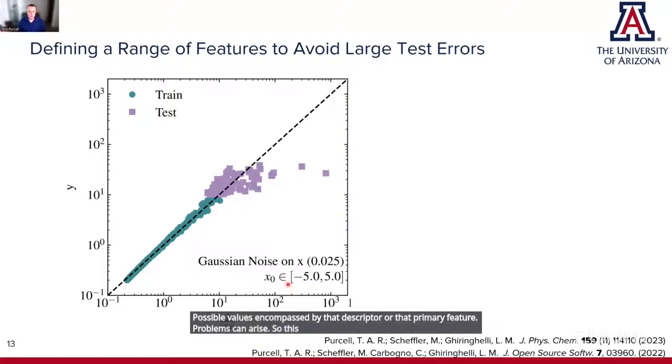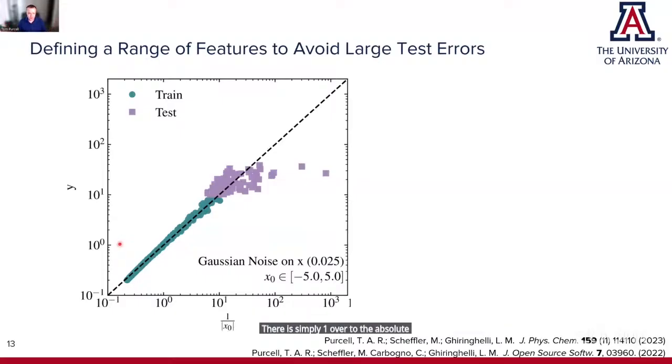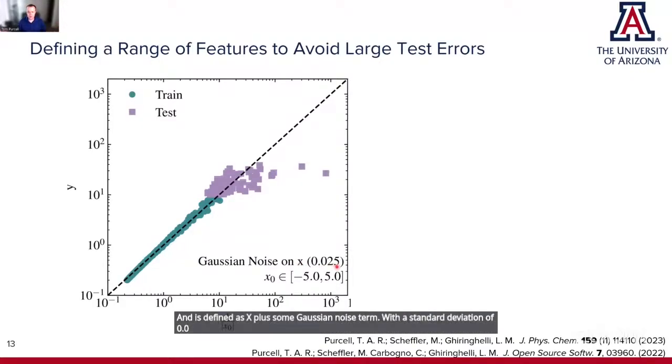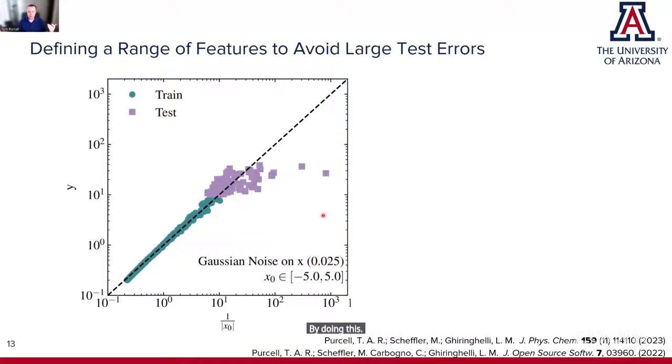So this is a very simple example where we're trying to find a model for y that is simply 1 over the absolute value of x. And to do this, we're training on all the large values in terms of magnitude of x, where x naught goes from a range of -5 to 5.0 and is defined as x plus some Gaussian noise term with a standard deviation of 0.025.